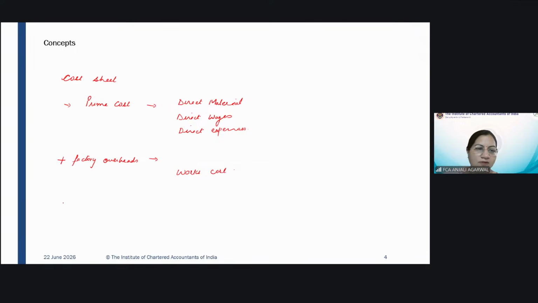To this works cost, when you add office and administration overheads, you end up getting the cost of production.